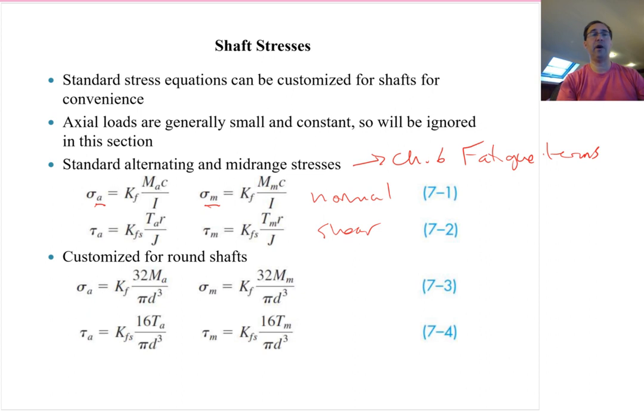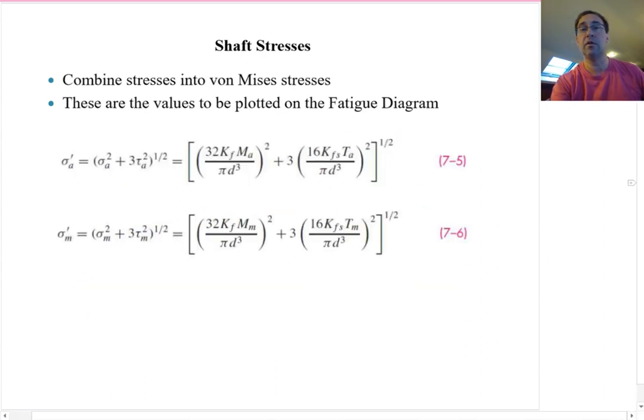And if you have a nice round shaft, there's another simplification. They've already taken into account what I is, the capital I. So this makes calculation a little easier. You don't have to go looking up the second area moment, which is the letter I. Okay, so those are some basic definitions.